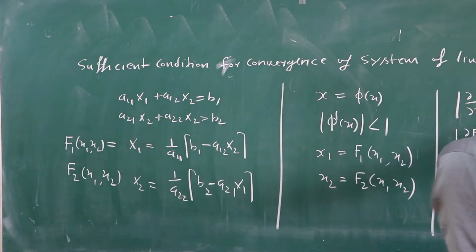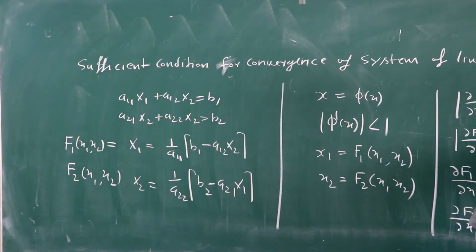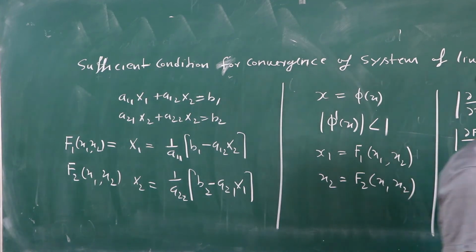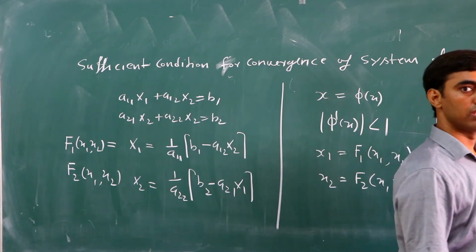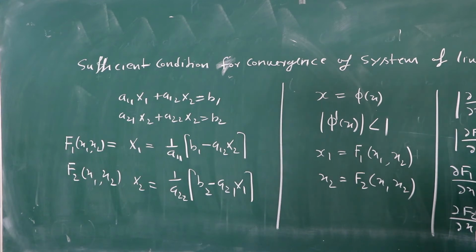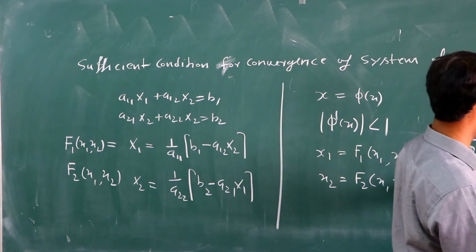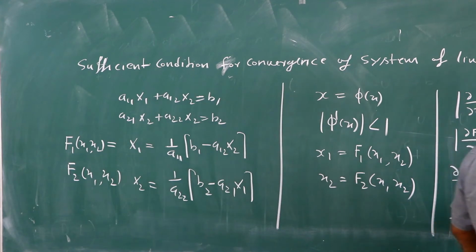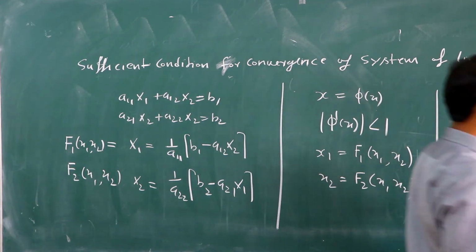This one becomes 0 and this one becomes the modulus of a12 upon the modulus of a11 less than 1, which implies, using the property of modulus, that the modulus of a12 is less than the modulus of a11. Similarly, simplifying the second equation, the modulus of a21 is less than the modulus of a22.